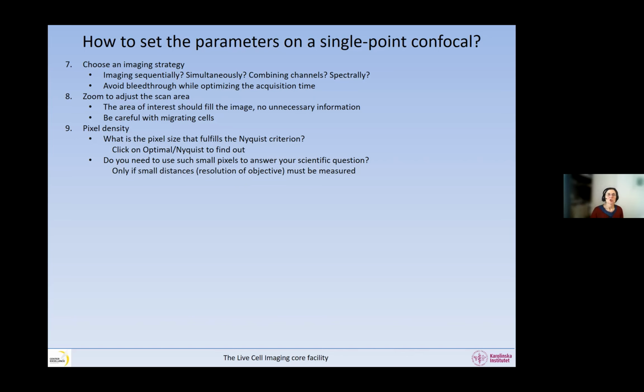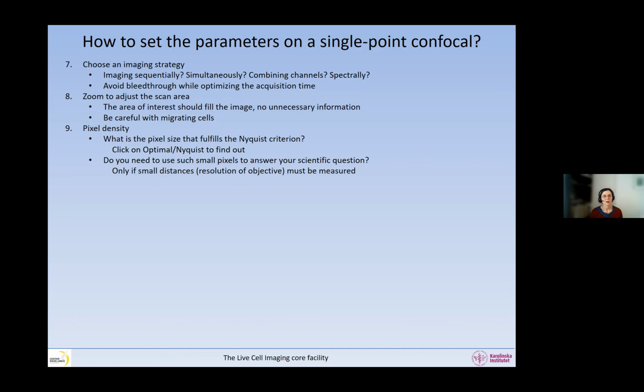You only need such small pixels if you need to resolve very small distances at the level of the resolution of the objective. Otherwise, you can actually undersample and be limited by the sampling. It's okay to undersample and be limited by the sampling as long as you do not need the full resolution that the objective delivers to answer your scientific question.